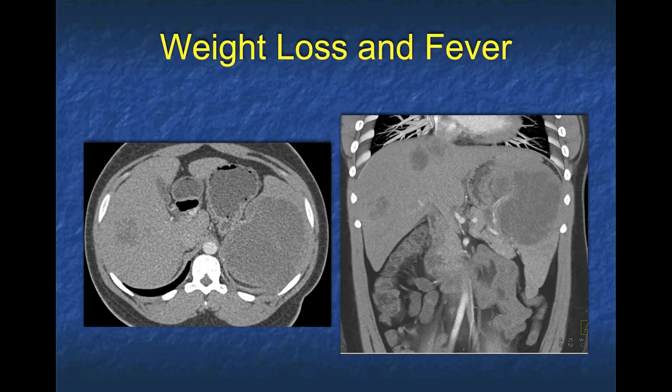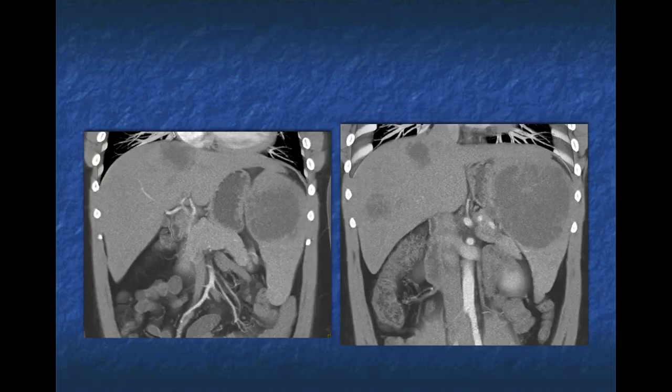Now, what about this patient with weight loss and fever? You see large cystic splenic lesions and multiple hepatic lesions. Abscesses, let's say we think about that, but that would be the largest splenic abscess ever. There's no free fluid, there's no peritonitis. Infarcts, no. Could it be a complex cystic lesion? But again, that's benign, though I guess it's a thought.